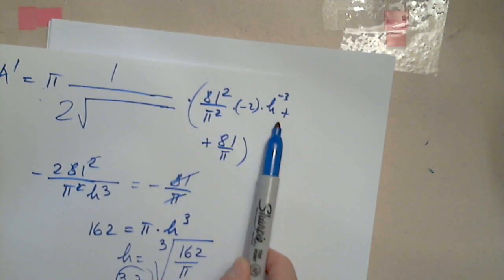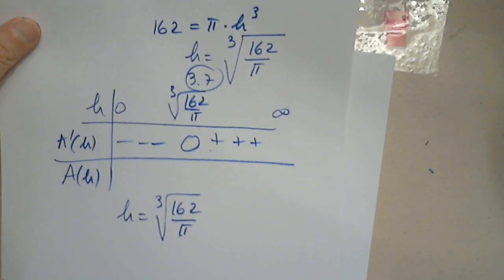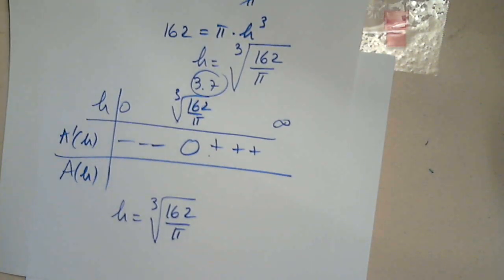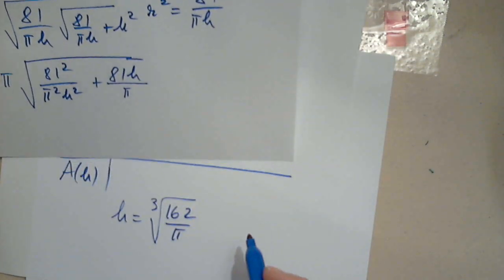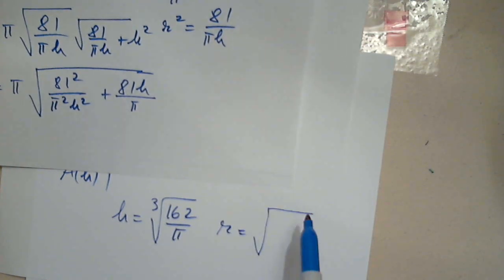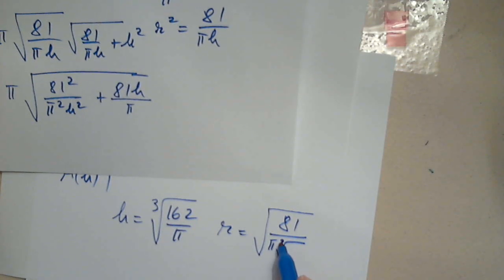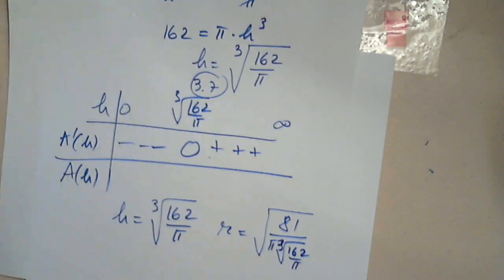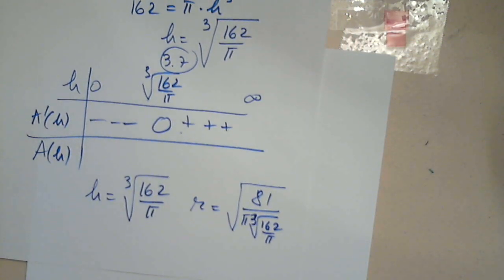I only had this equation to solve, and I got this. So this was h, but now r squared. So I have to determine r first, which is the square root of 81 over pi h, and h is the cube root of 162 over pi. If I had chosen to substitute r, it would have been done in 10 minutes, 5 minutes. But I chose the other way because I thought it would be easier, but it wasn't.